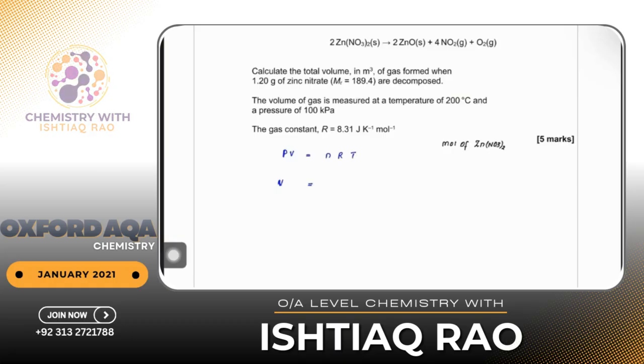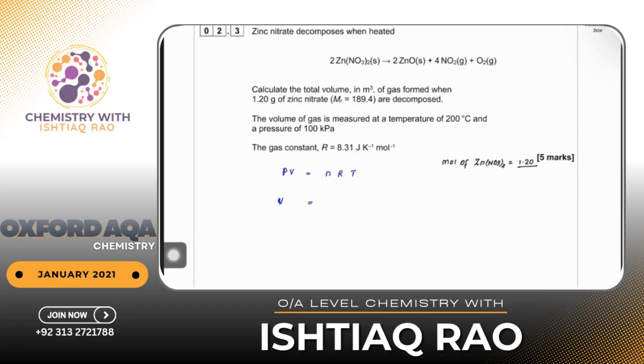And the temperature change, what would that be? 200 degrees Celsius. It should be in Kelvin, plus 273. Yeah, plus.